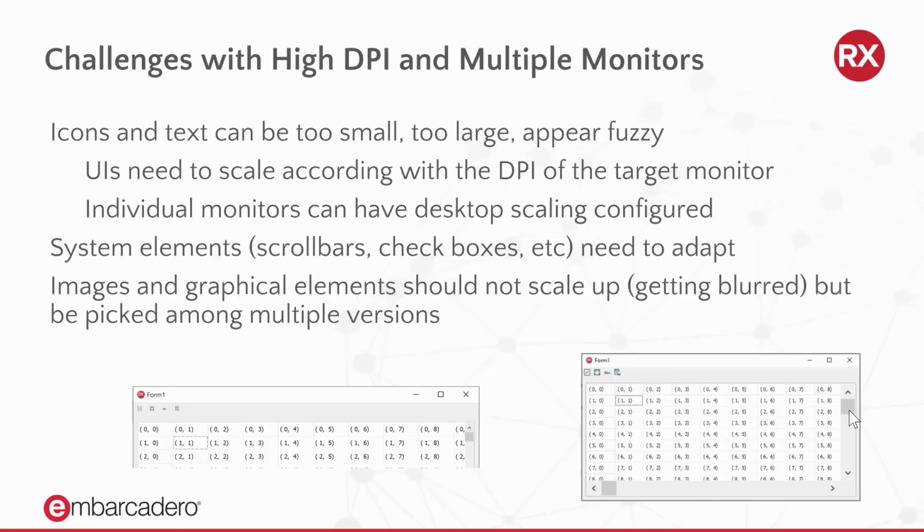So these are just two examples: system elements, checkboxes, scroll bars, icons, images in toolbars, images in menus. They all need to adapt, and it's far from simple to make sure that everything works smoothly. Now, there are different solutions.